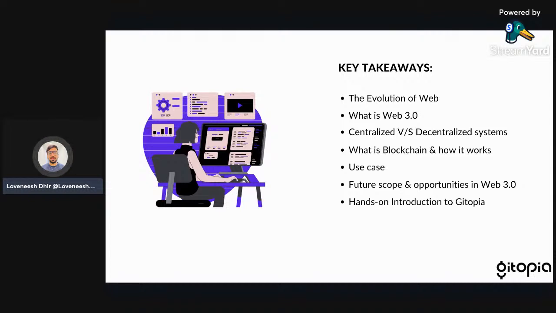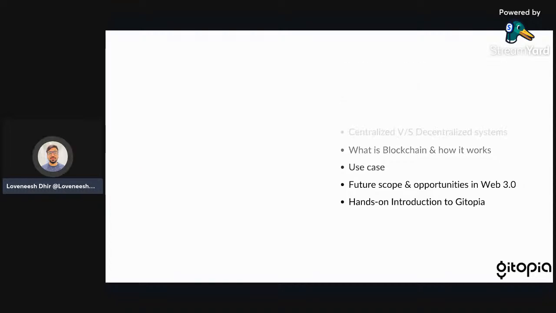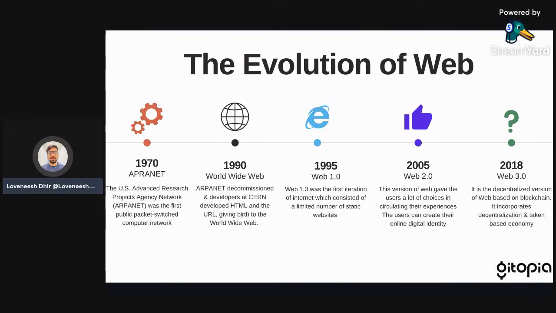After that, we'll have a discussion on centralized versus decentralized systems. Then we'll discuss what is blockchain, how it works, use cases of blockchain, future opportunities, and future scope of Web3. And in the end, we'll have an introduction of Gitopia, what particularly Gitopia is. So, let's get started with the evolution of web.